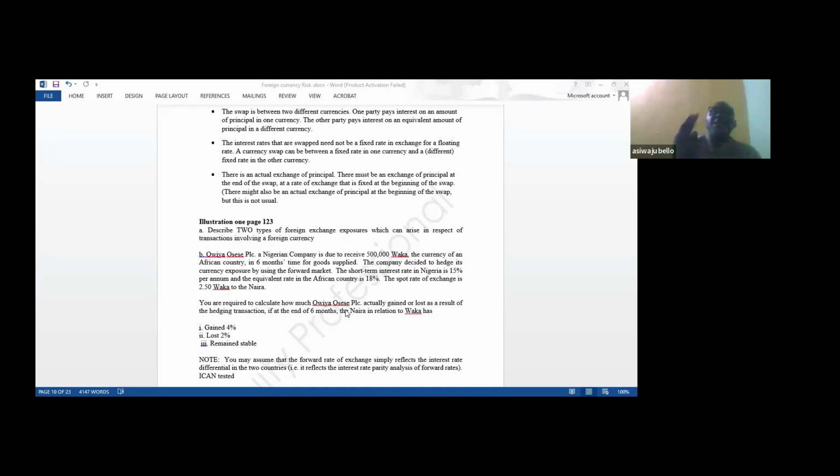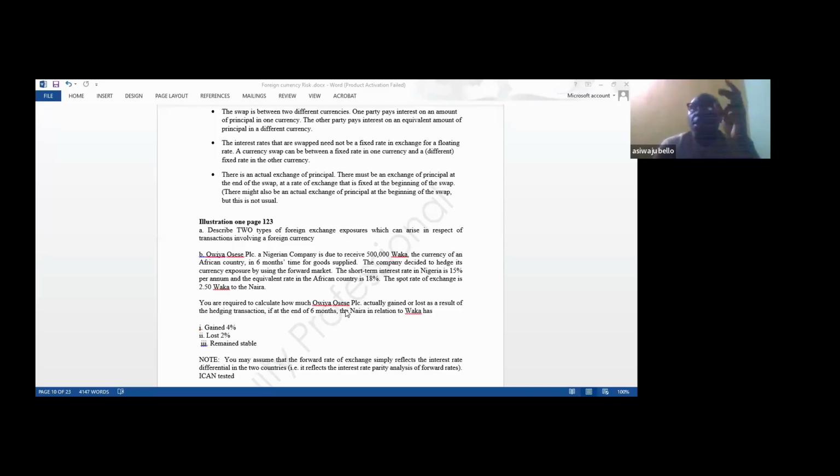The exchange rates can be quoted in two ways: direct quotation or indirect quotation. We explain direct quotation: number of units of domestic currency that can exchange for 1 unit of foreign currency. Like the example we gave, 1,700 Naira to $1.